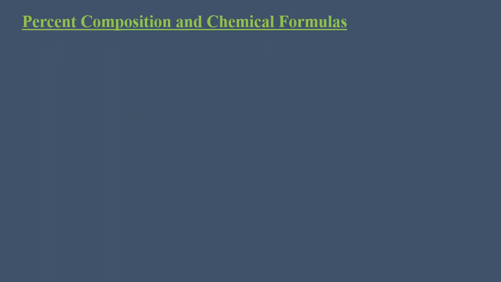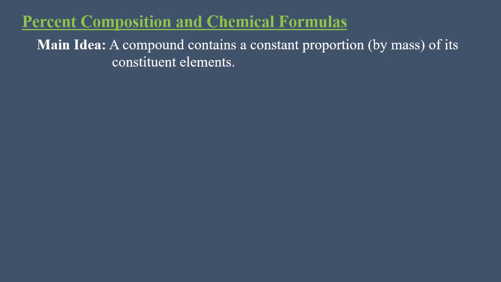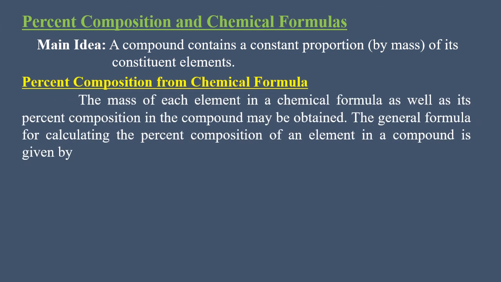Now, I'll be discussing percent composition and chemical formulas. The main idea here is that a compound contains a constant proportion, by mass, of its constituent elements. In percent composition from chemical formula, the mass of each element in a chemical formula as well as its percent composition in the compound may be obtained.